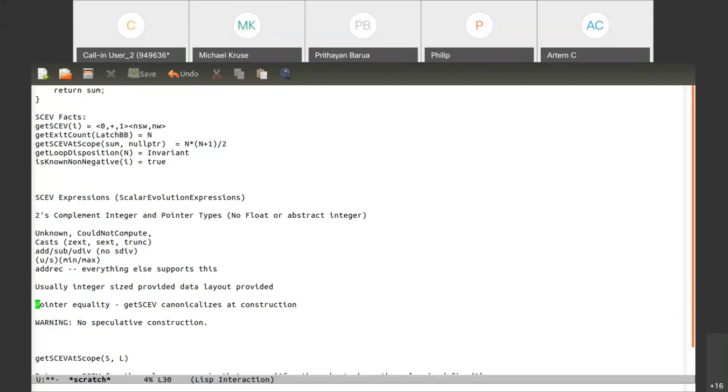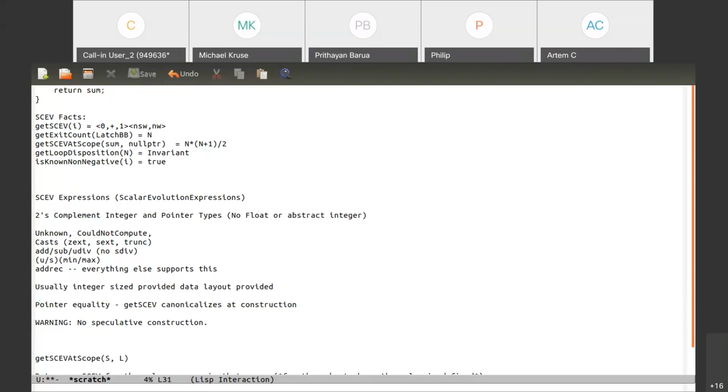The way SCEV handles flags today is problematic in multiple respects. We'll touch on that briefly towards the end. But since we're talking about SCEV construction here, I did want to give a quick warning just so folks were aware of that going forward.